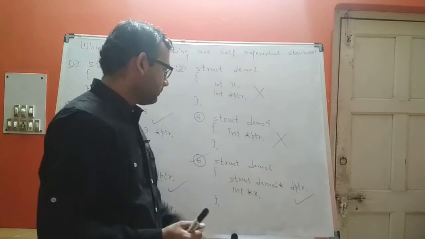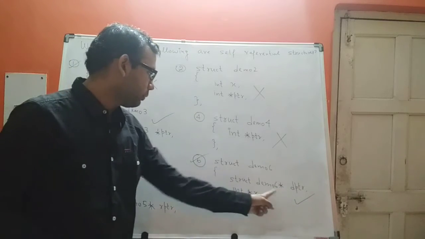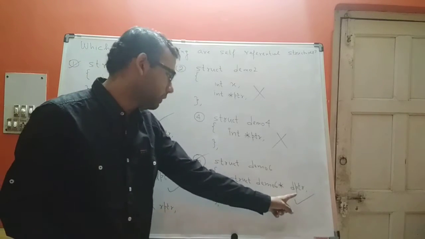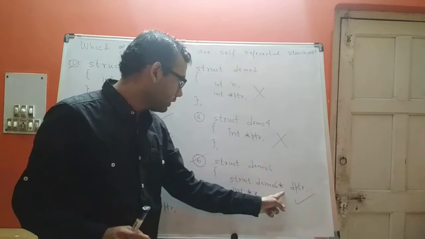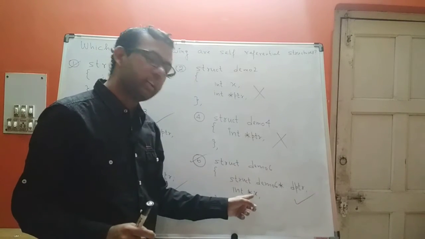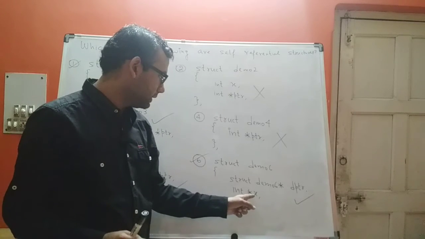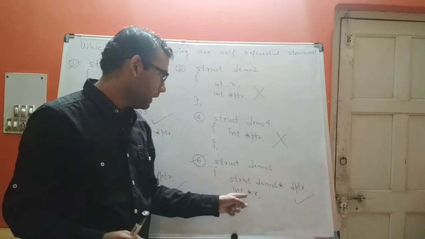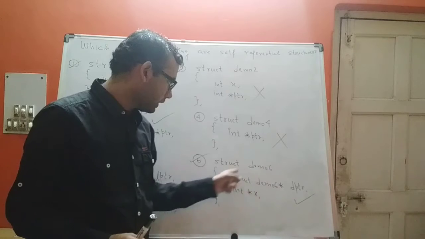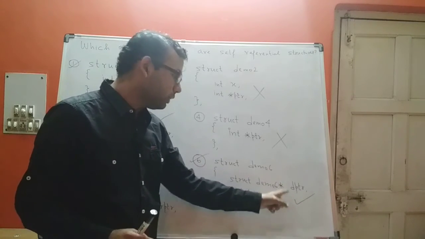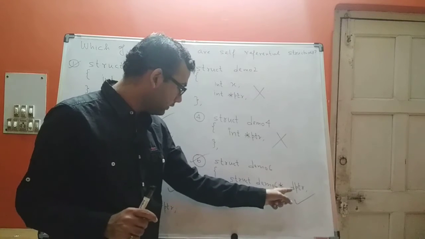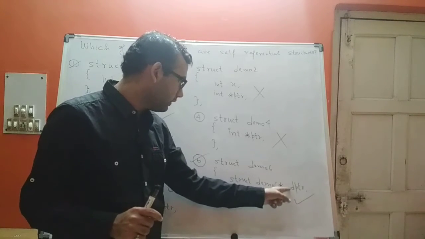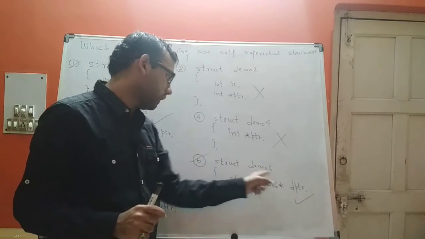So it's not necessary that you need to have a variable which is a pointer to the structure itself and nothing else. You may have additional pointers as well. In this example, you can see that x is a pointer to int and dptr is a pointer to struct Demo6. But what you need to consider is whether you have a pointer variable which is a pointer to the structure itself.